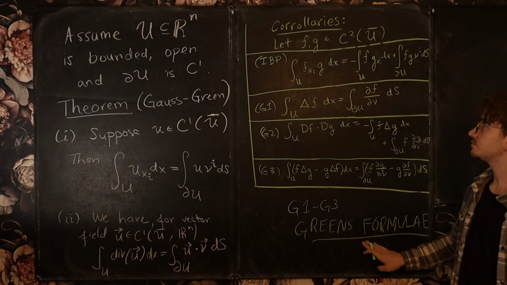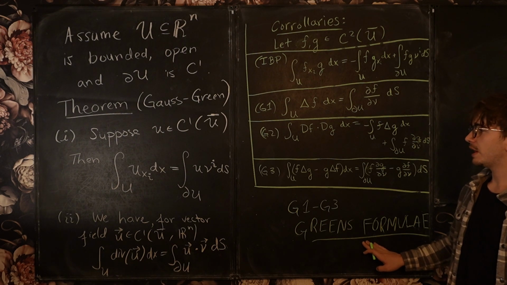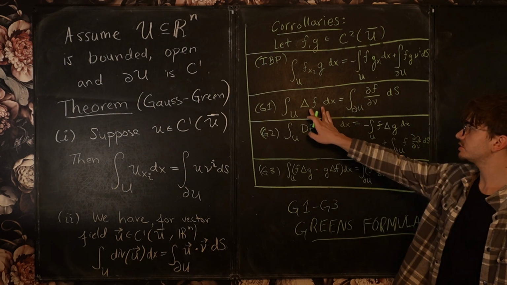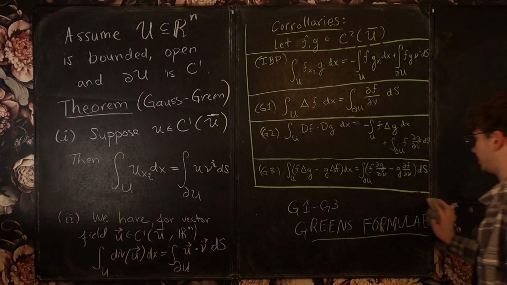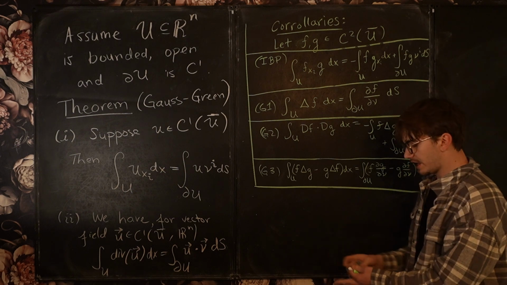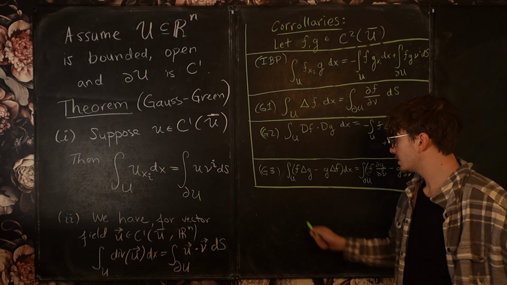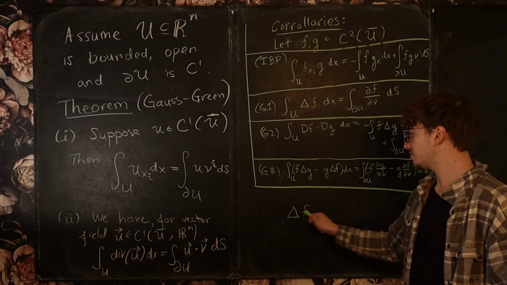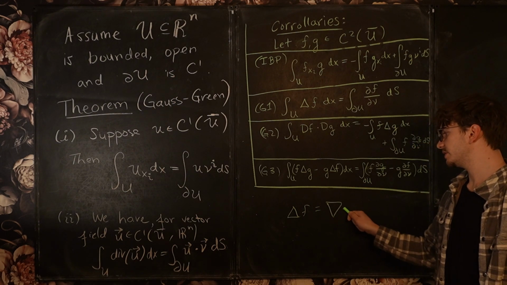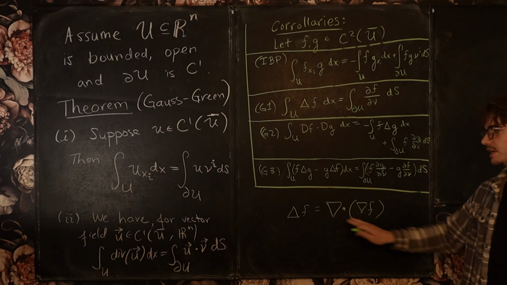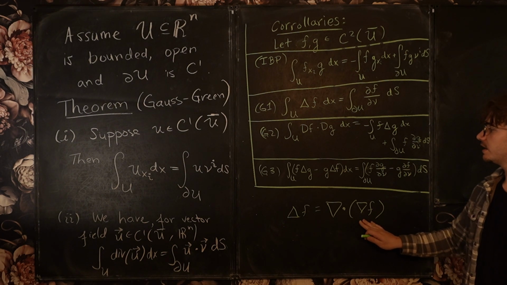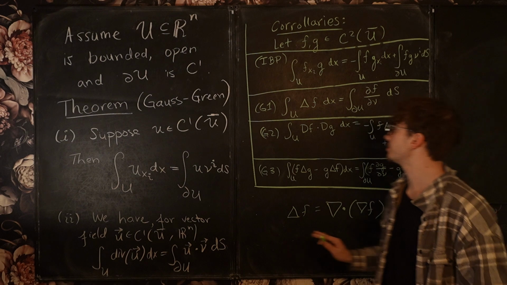So why do these follow as a direct corollary? Well, if I just look at this Laplacian here, so Laplacian of f is defined to be the divergence of the gradient of f, okay? This is the definition of the Laplacian. And so I can just apply this divergence theorem here.